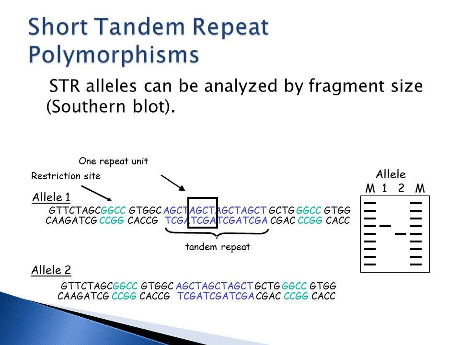So if you cut your DNA with this restriction enzyme and use a probe that recognizes that repeat or that area and hybridizes, you're going to get a larger fragment with allele 1 than you will with allele 2 because allele 1 has 1 more repeat. So it's going to be a larger piece of DNA.